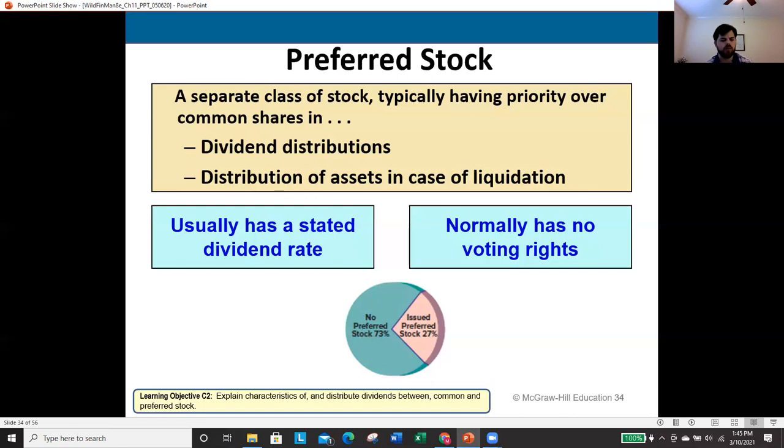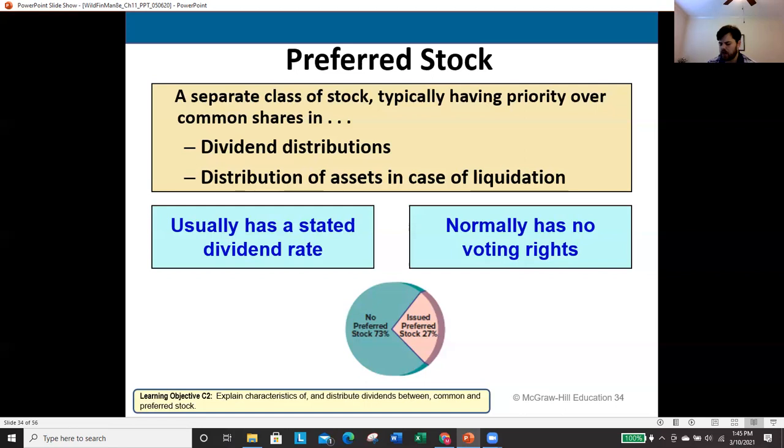And the good news for our preferred stockholders is this will usually have a stated dividend rate, so that if a dividend is ever issued, they will get a certain percentage. But the big downside, typically preferred stock does not have voting rights. Now you can see most companies don't have preferred stock, but some do, so that's fine.